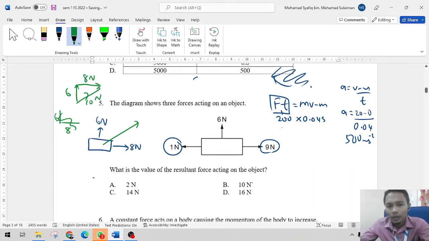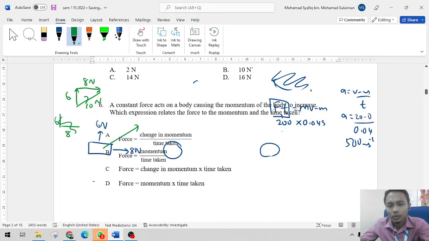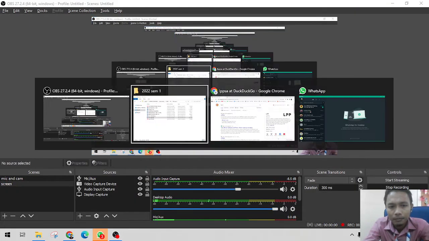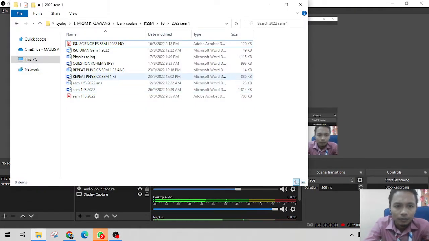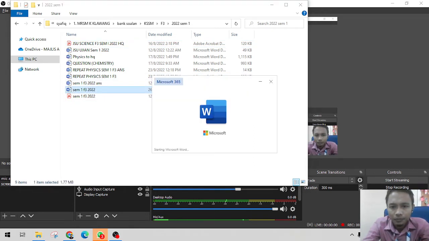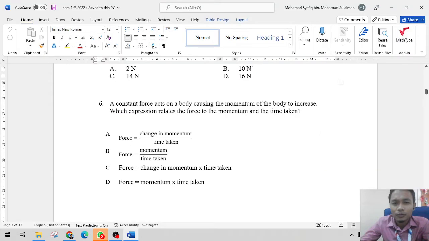Okay, number 6, we have a constant force causing a change in momentum.